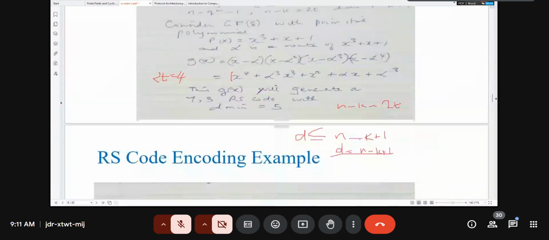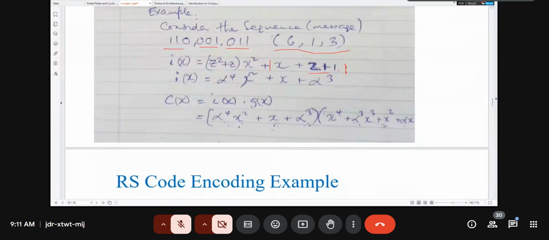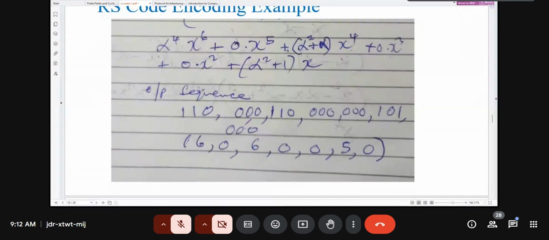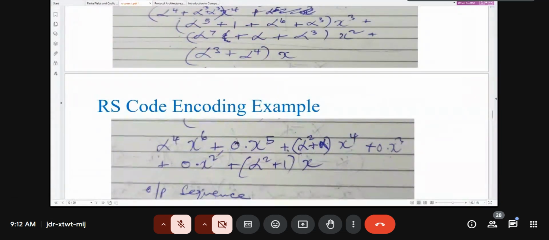So we are saying this is just this, and therefore c(x) is equal to I(x) times g(x), and when you multiply out, you end up getting this.